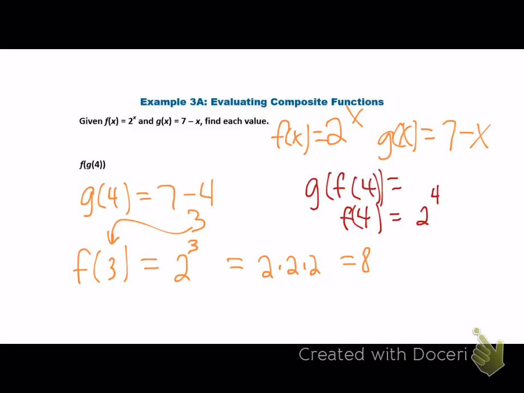That's just one more than this, so that would be 16. And then that becomes the input, so that becomes g of 16. That would be 7 minus 16, negative 9.